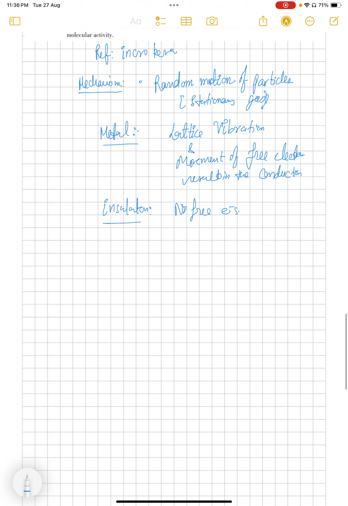So in conduction, a high energy molecule will transfer its energy to a less energetic molecule.